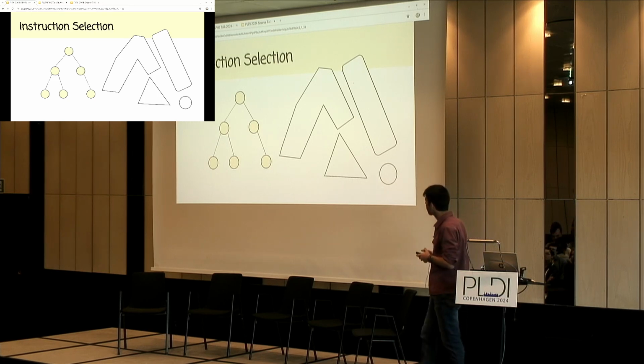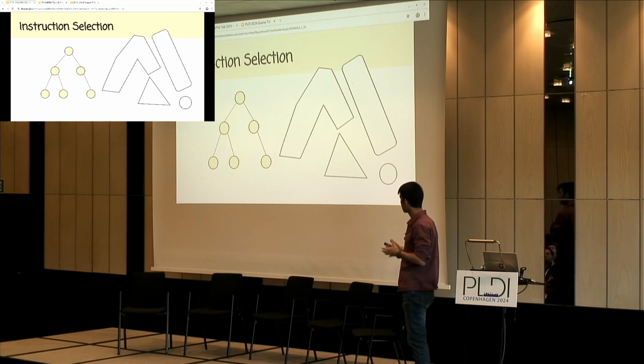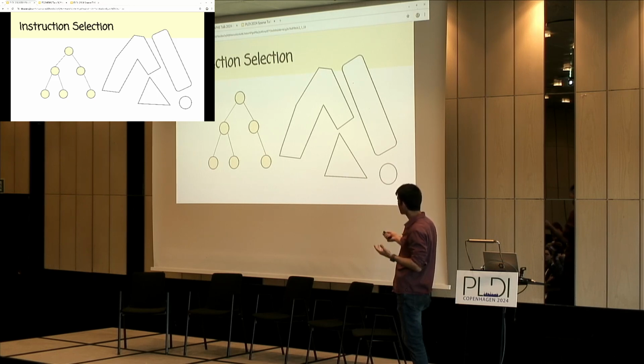And the classic way to solve this problem is with dynamic programming. The way this works, you're probably familiar with dynamic programming, is you want to divide and conquer the tree. The trick here is that there are many ways to divide this tree into a bunch of little trees. In fact, there's one for each possible location, for each one of these shapes that we could apply at the root. So someone has to cover the root, right? So let's just pick one of these guys. Let's say the triangle, right?